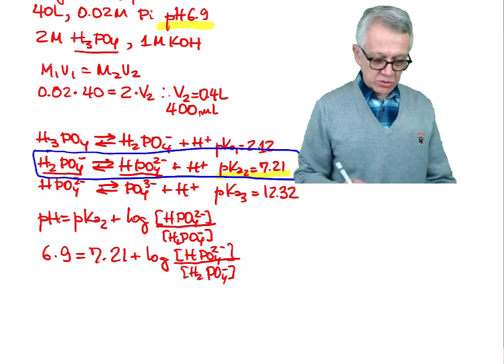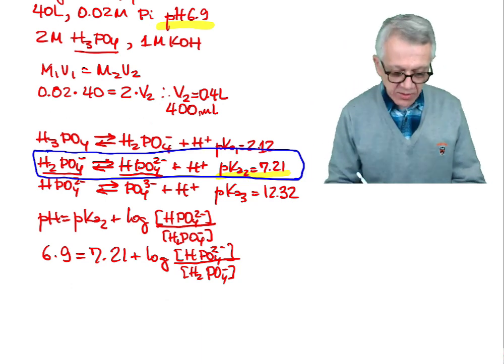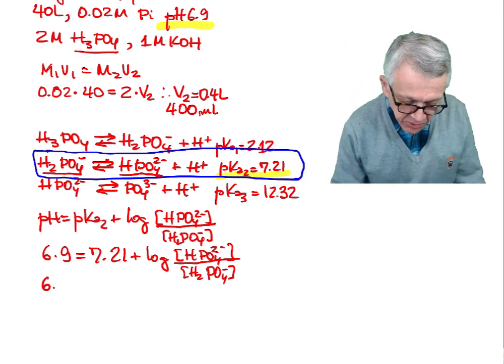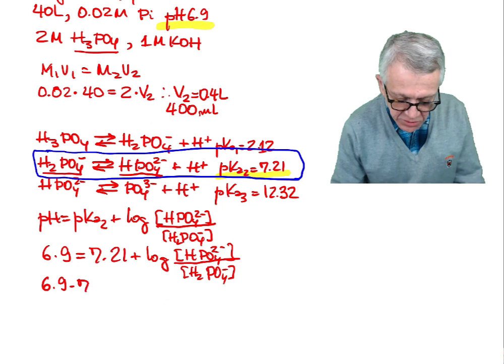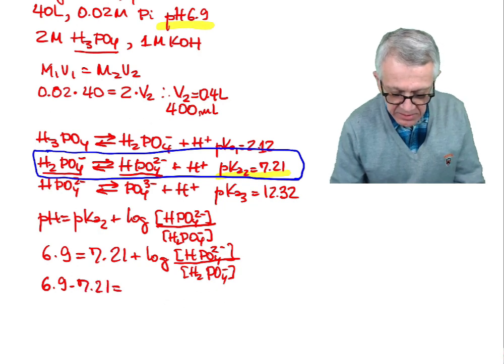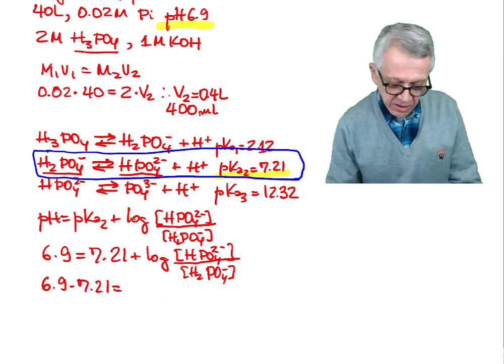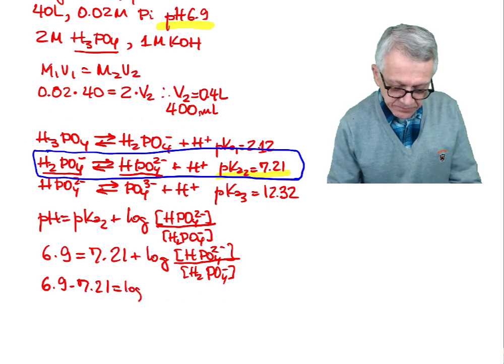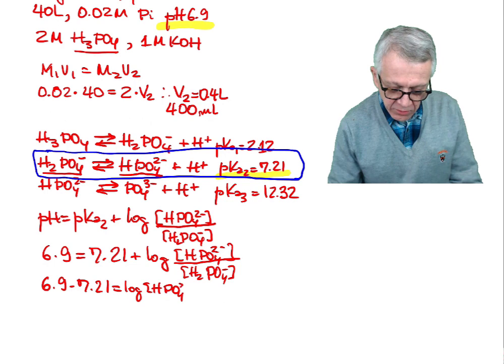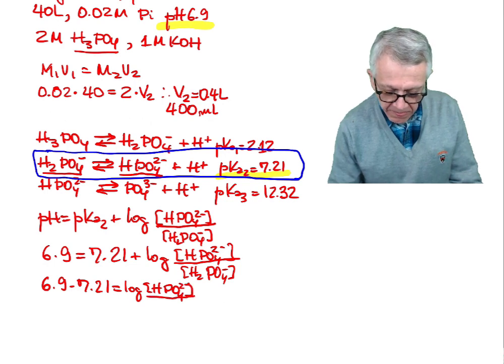Let me move this thing a little bit up so that we can have more space to continue working on this one. So this is going to be 6.9 minus 7.21 equals log of the concentration of HPO4 minus divided by the concentration of H2PO4 minus.